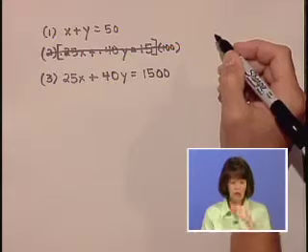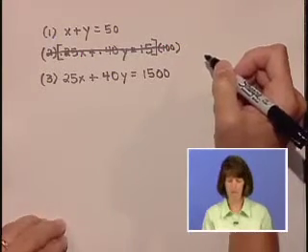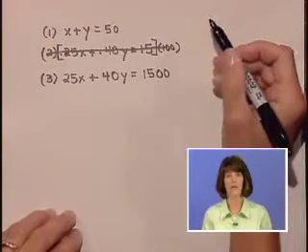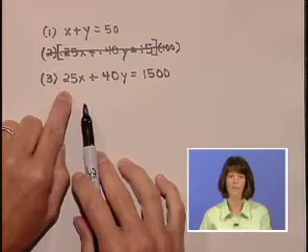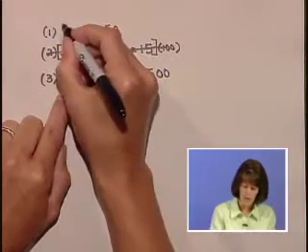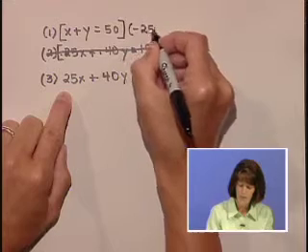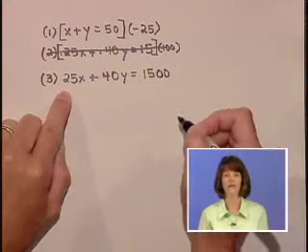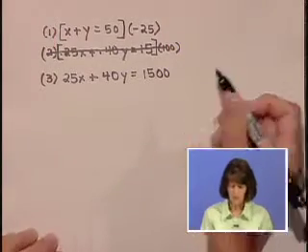Let's see, we can choose any method that we want to. I think I'll go with an elimination method. We have both of our equations in standard form. And suppose we try to eliminate the x variable. We can multiply equation 1 through by negative 25 in order to get the x's to cancel. Let's do that.